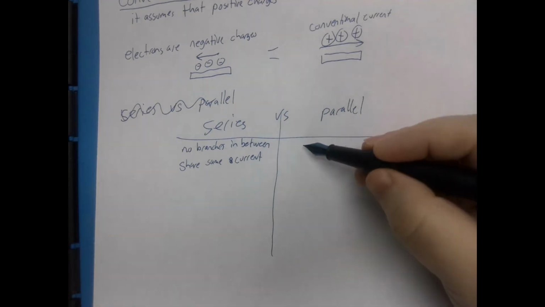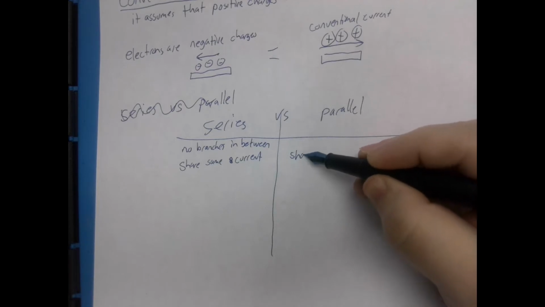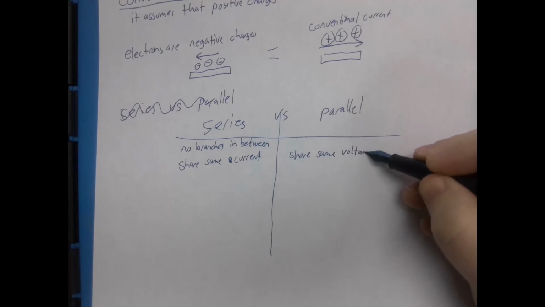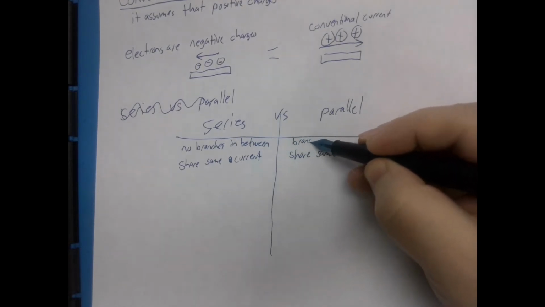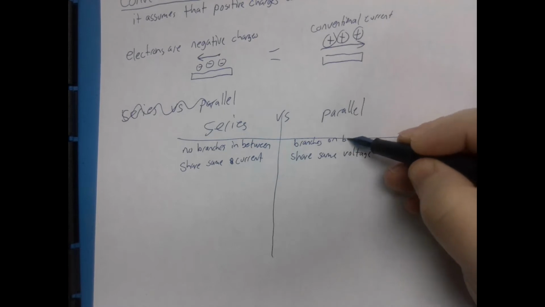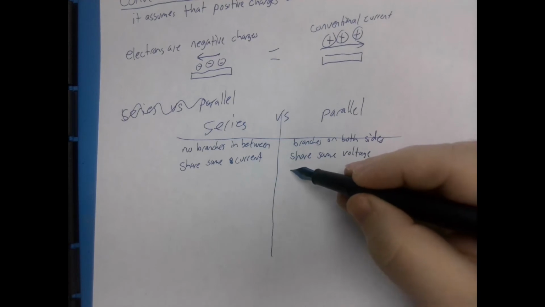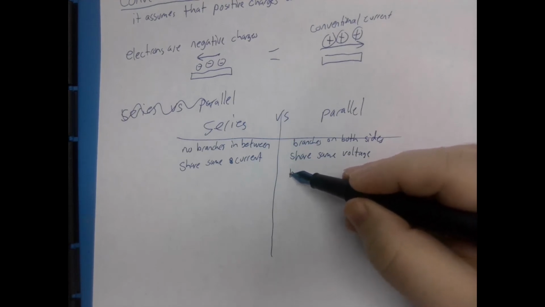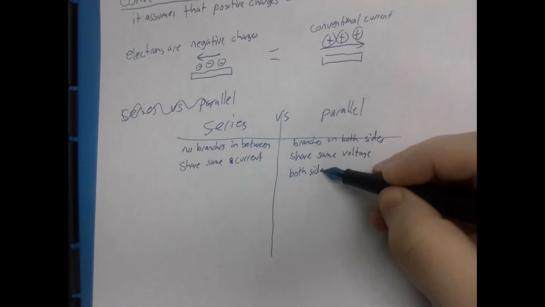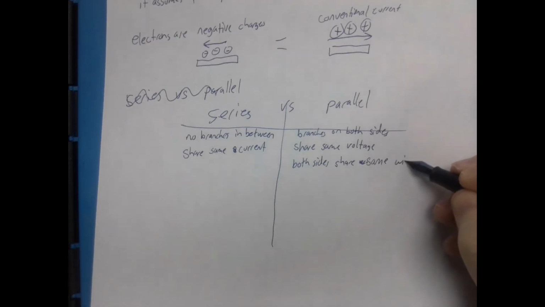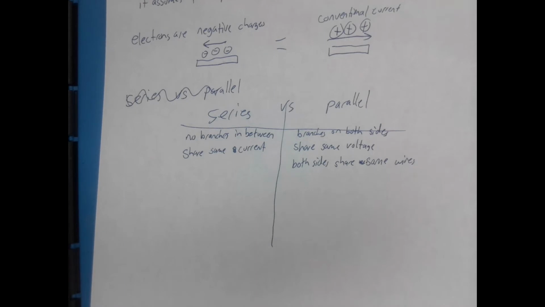Parallel means share the same voltage. And there is branches on both sides. Both sides share same wires. Meaning you can connect them together without running through another resistor.